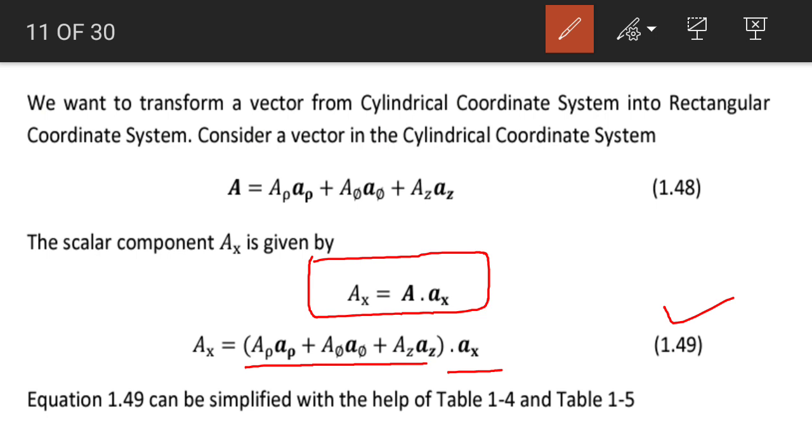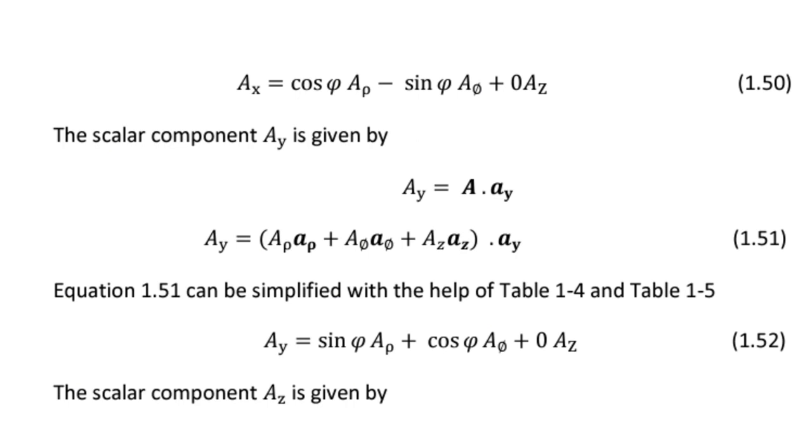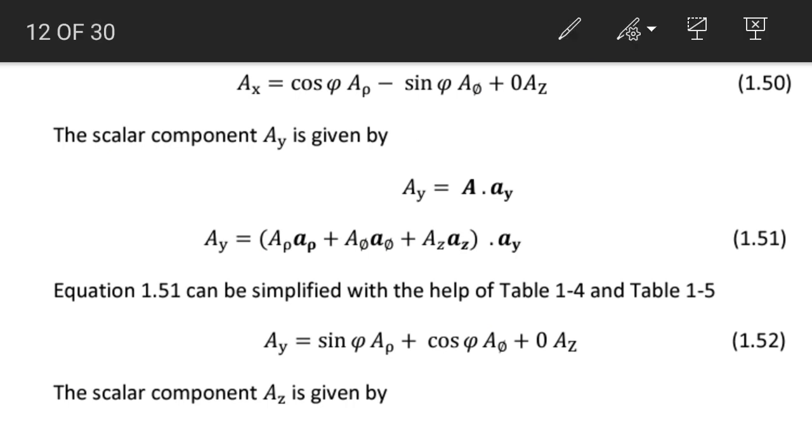We know that a_rho dot a_x is cos phi, a_phi dot a_x is minus sin phi, and a_z dot a_x is 0. So we simplify equation number 49 in light of table number 1.4. So you see, A_x will be equal to cos phi A_rho minus sin phi A_phi plus 0 A_z. This is the x component of this vector.